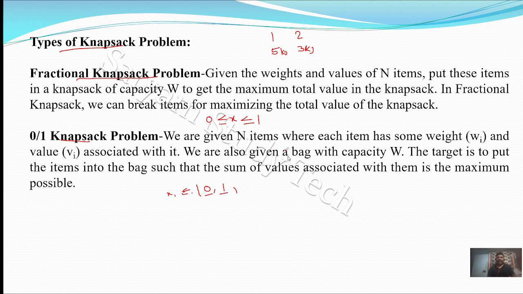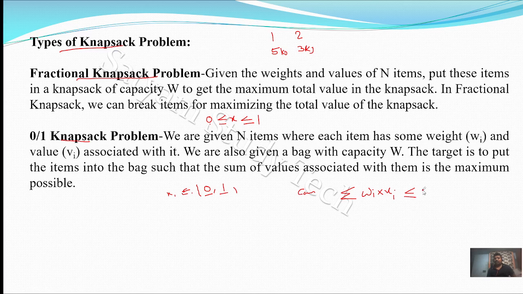So what is the maximization or minimization problem here? What is the constraint here? For example, the summation of wi, the weight of each object, times xi is less than or equal to some capacity.